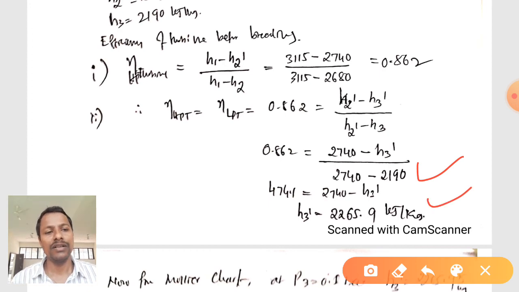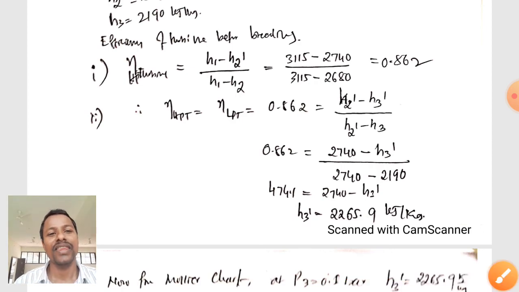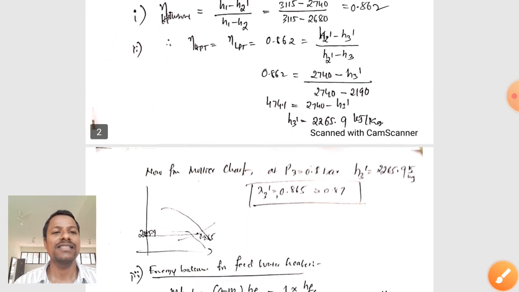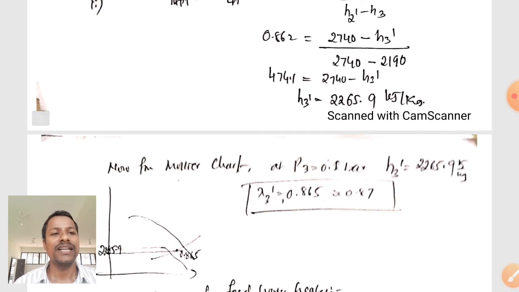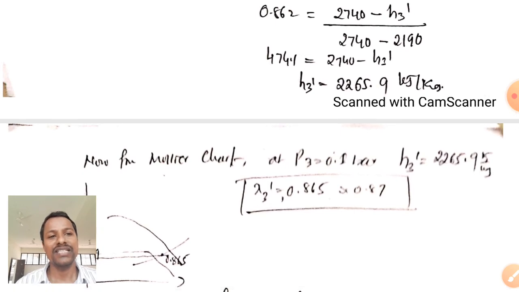So, I will be able to get H3 dash, that is enthalpy at the second stage turbine outlet, as 2265.9 kilojoule per kg. Now, once I know H3 dash, I need to determine the condition of the steam at the second stage turbine outlet.